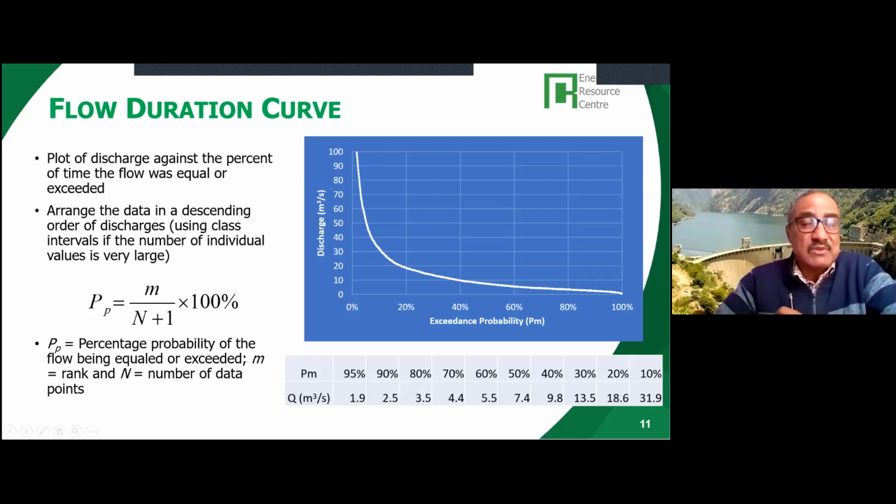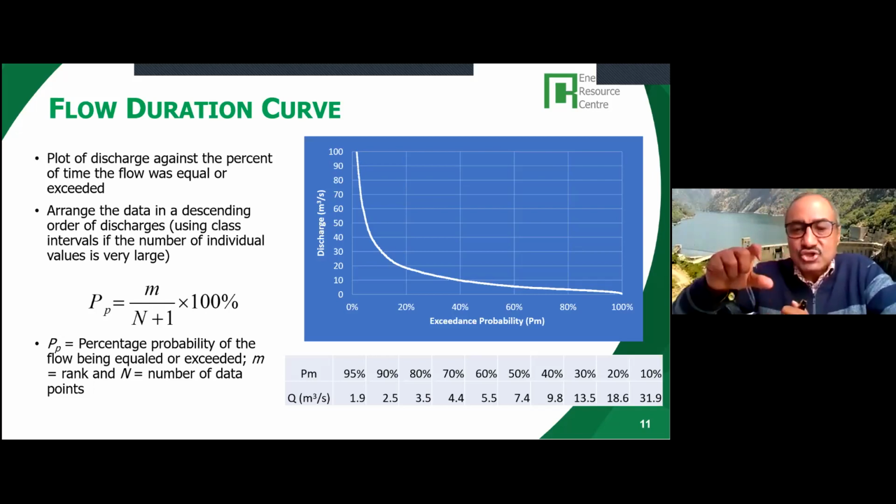But if it's a project connected to the national grid, you could design up to even 40% dependable flow because you also want to generate when there is high flow. Whenever the flow in your river is less than your design discharge, you can use other sources, like from the reservoir, from the Kahora Bassa dam.